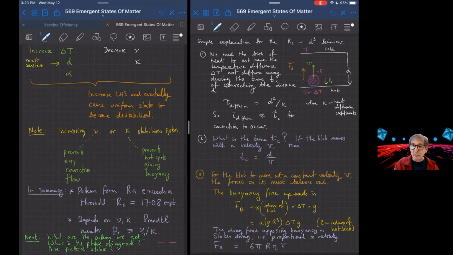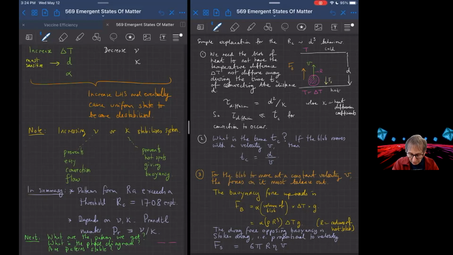So let's go and calculate what those two things are. The buoyancy force upward arises from the thermal expansion coefficient alpha times the volume of the blob. So that is alpha times rho r cubed, the density of the little blob, times its temperature difference, delta T, times, of course, gravity. So that's the buoyancy force.